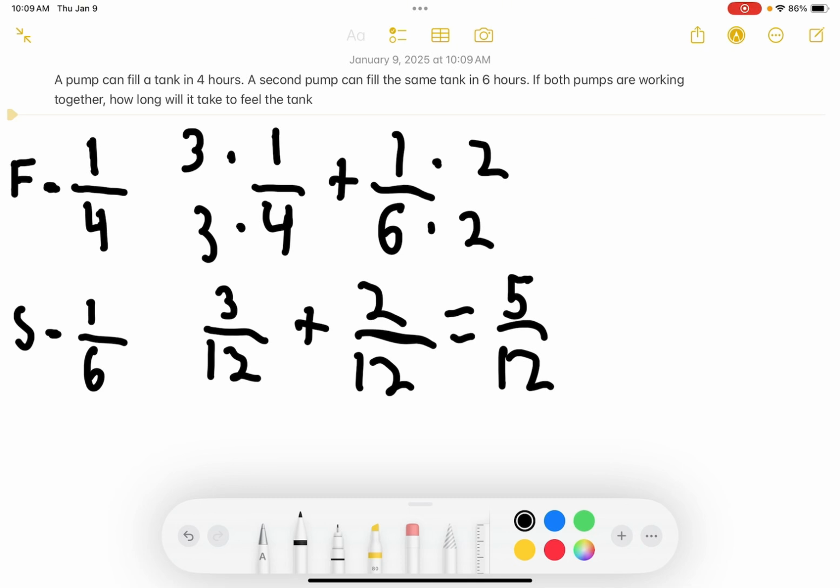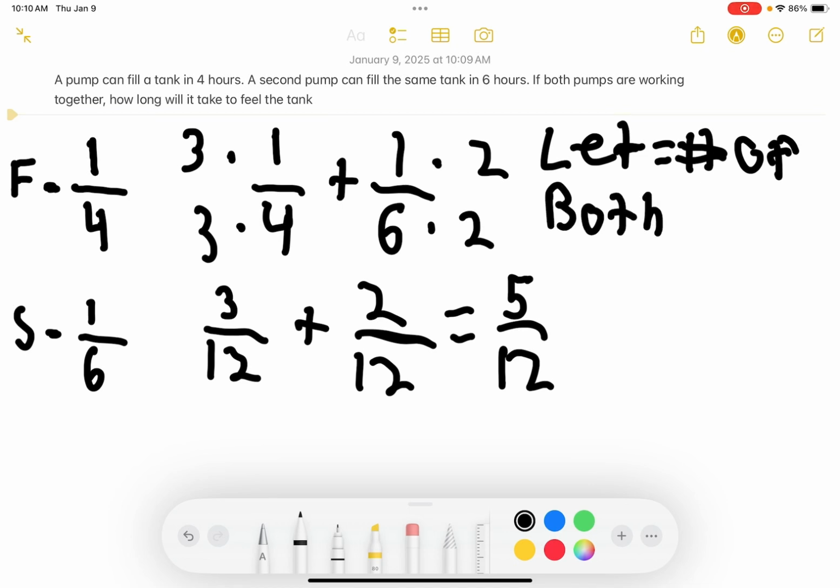And then I'm going to let x equal how long it will take if both pumps are working together. So we got 5 out of 12, and we multiply that by x.